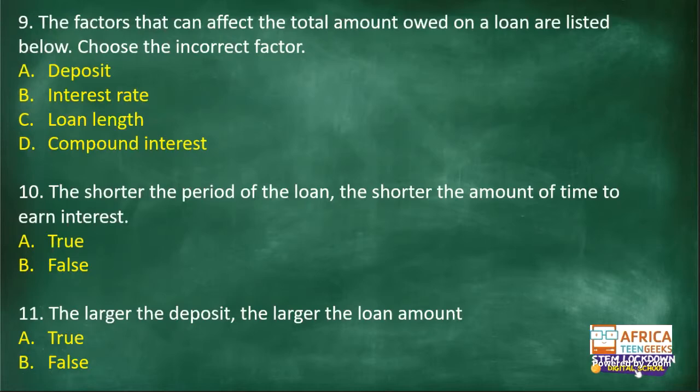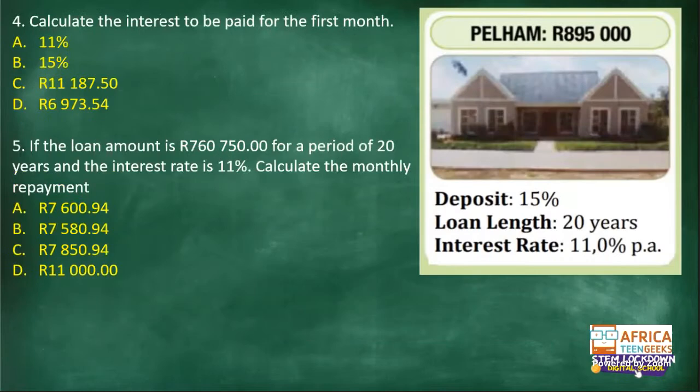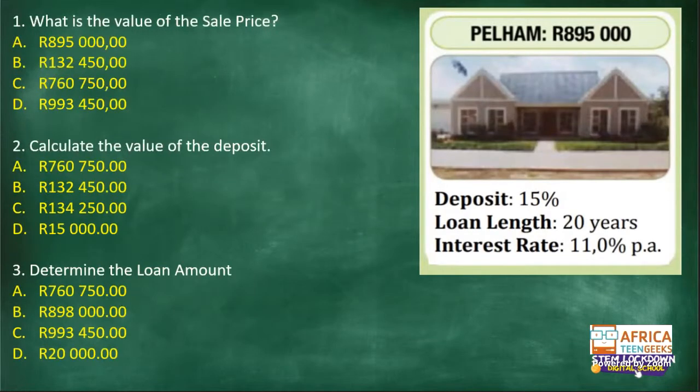So if I can just take you back to the loan amount that we had, if you look at this loan amount of 760,750 rands, you will realize that that amount is not affected by the deposit. I'm talking about the loan amount. The loan amount is not affected by the deposit.